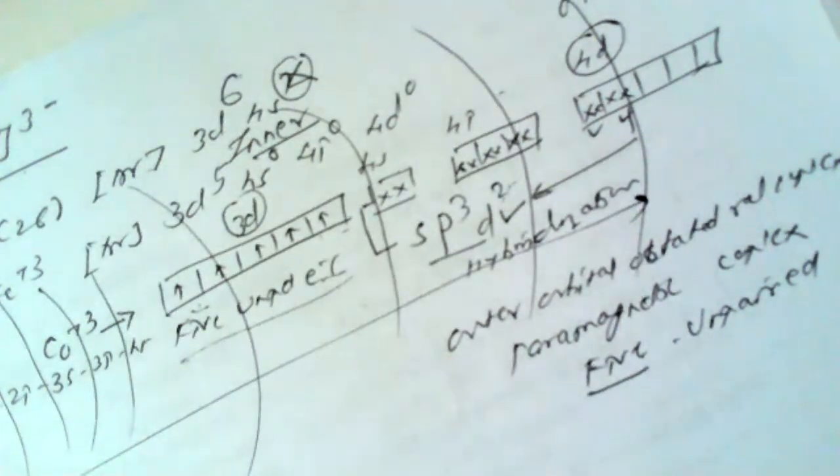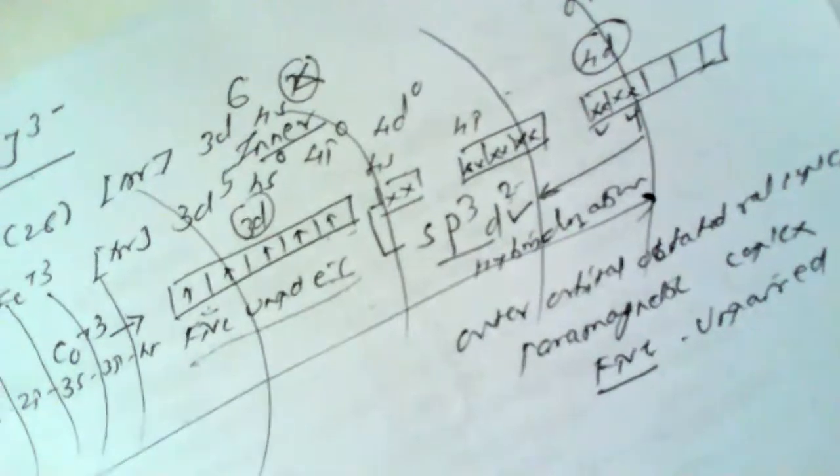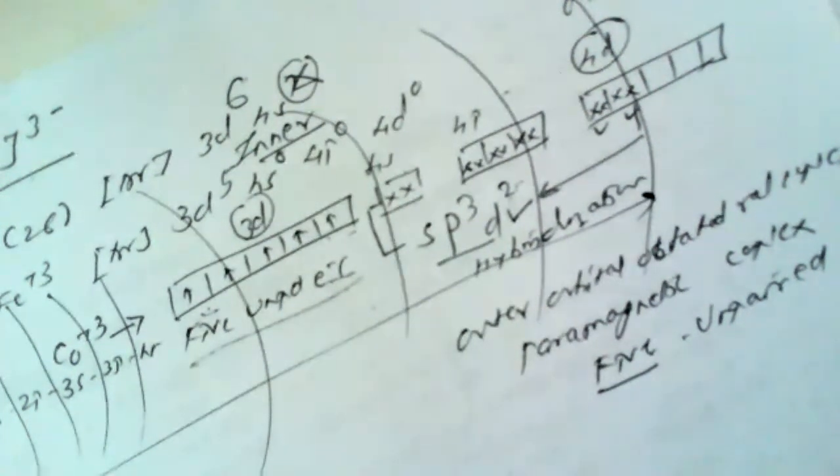Alternatively, if the outer orbitals are employed, when the complex is formed by the use of outer d orbitals for hybridization, the complex is called an outer orbital complex. Then the metal ion is said to be sp3d2 hybridized for an octahedral geometry.